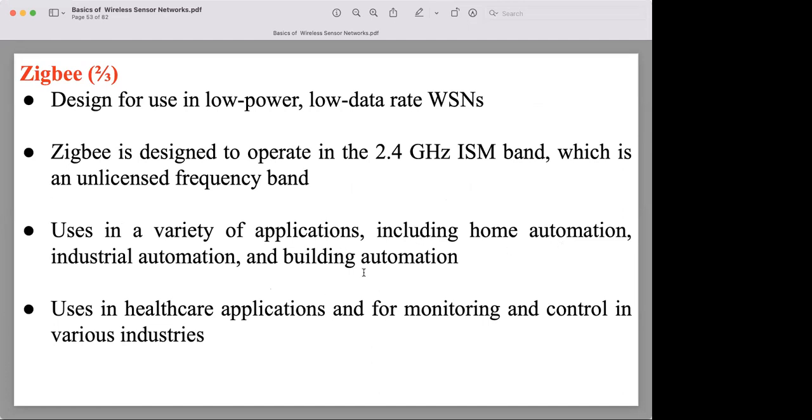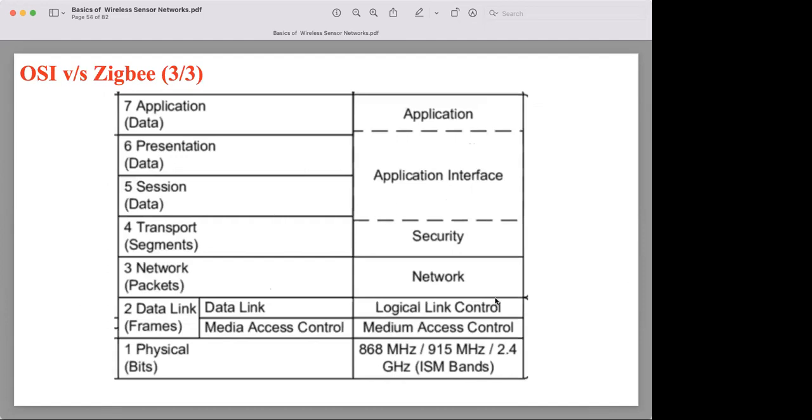Applications are the industry applications we have seen, healthcare applications, and building automation. This is a very interesting picture. Now, you are already familiar with the OSI model in computer networks, which has 7 layers: physical layer, data link layer, network, transport, session, presentation, and application layer. This is the ZigBee or 15.4 stack. The bottom 2 layers are 802.15.4.